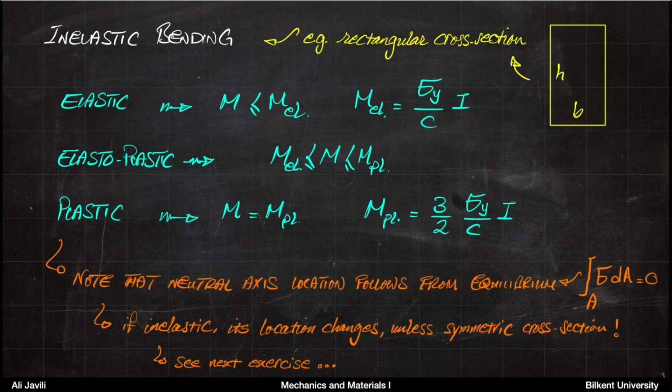And anywhere between the maximum elastic moment and maximum plastic moment, you would have a moment which results in an elastoplastic behavior. So you would always have some parts close to the center which would be elastic, and some parts farther from the center which are plastic.